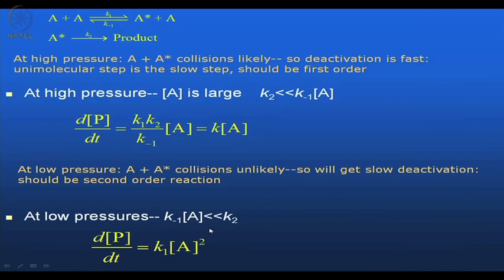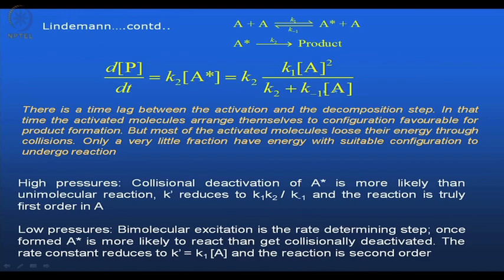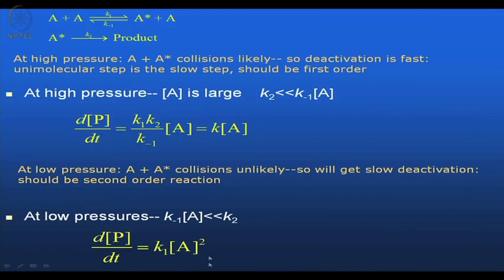Therefore, since this is less than K2, you can neglect it. Neglecting this, the rate of formation of the product becomes equal to K1 A square. So, this is basically second order.